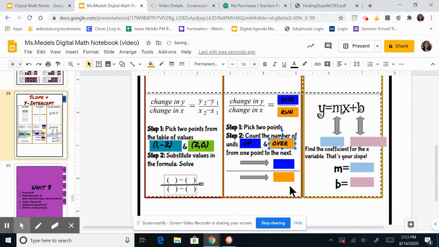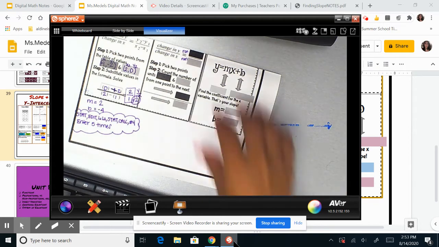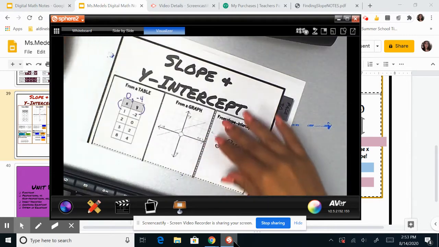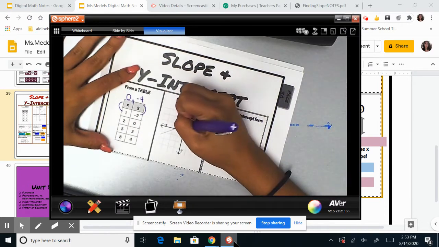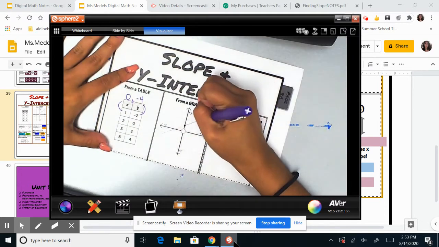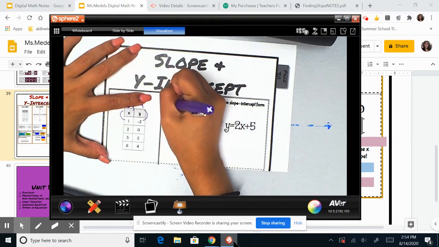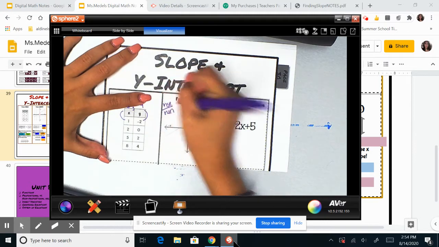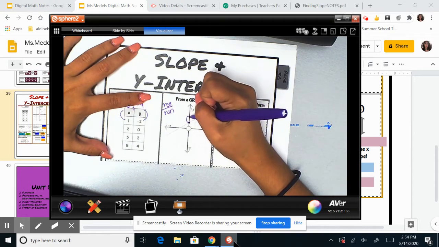So let us look at that. We're gonna go to our graph and we're gonna pick 2 points. That was my first step. You have to pick 2 perfect points. So here is one and here is my other. So I need to do rise over run. So how many did I go up? Well, I went up 1, 2.